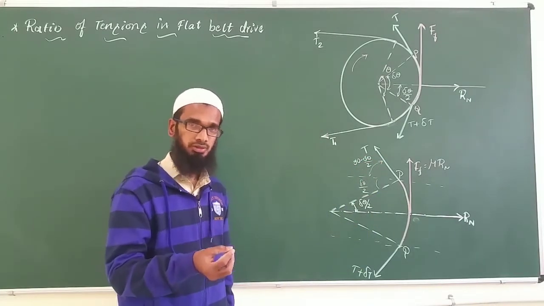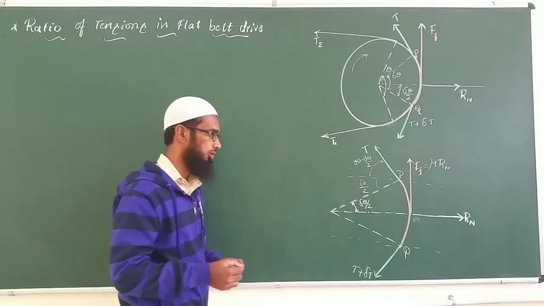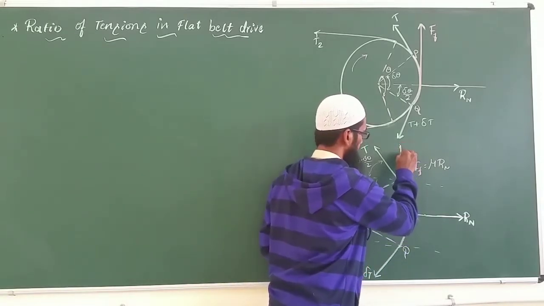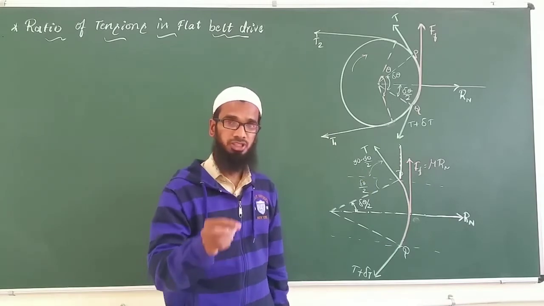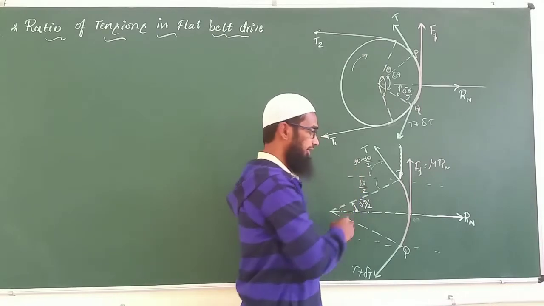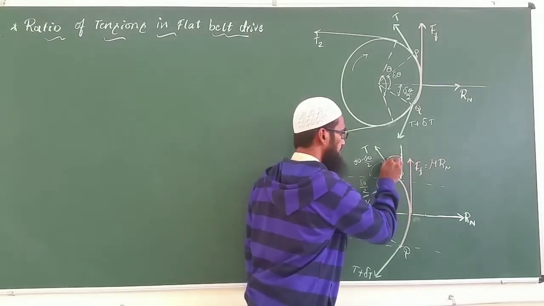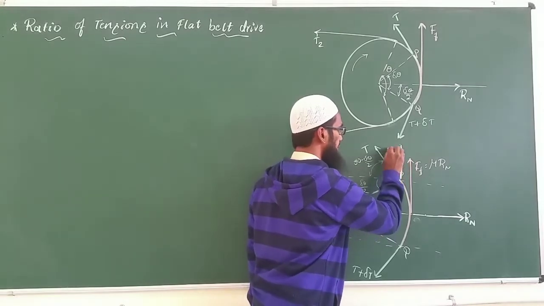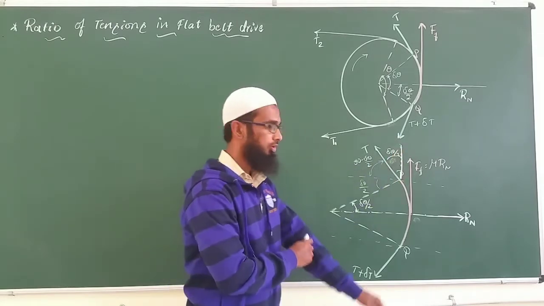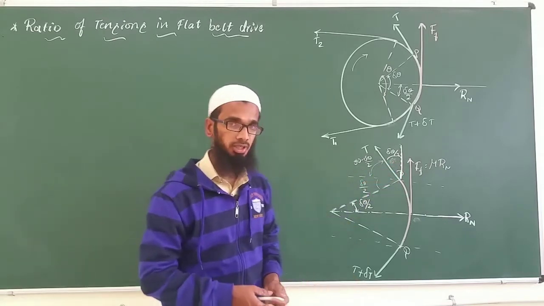But I have to write the components of T with respect to the vertical as well as the horizontal, so I will take one more line from point P. If it is 90 minus dou theta by 2, since this is again a right angle, this angle also becomes dou theta by 2. If I subtract 90 minus dou theta by 2, this angle becomes dou theta by 2.